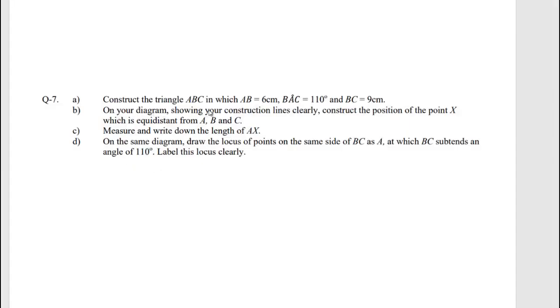On your diagram, showing your construction lines clearly, construct the position of the point X which is equidistant from A, B and C. The one point which is equidistant from three points, as we have discussed earlier, is the circumcenter. To draw the circumcenter we have to draw the perpendicular bisector of A and B first, then of B and C second.